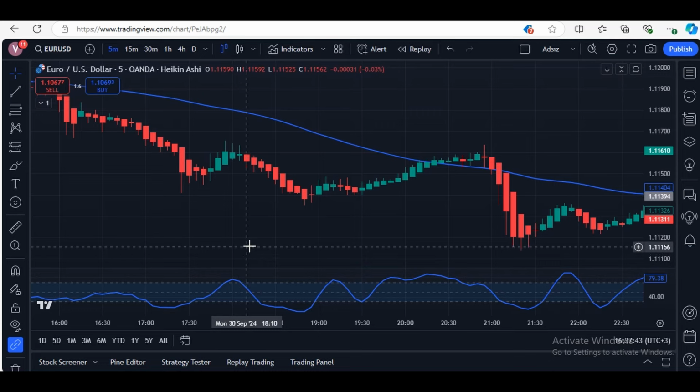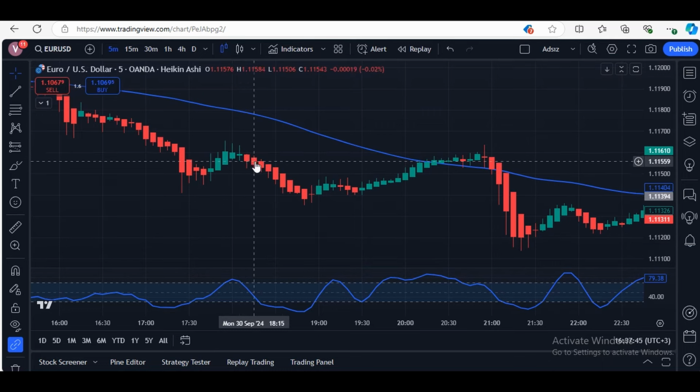Let's move on. Here again, we look at the simple moving average to determine the direction of the trend. The price is below the simple moving average, and we will consider selling again.